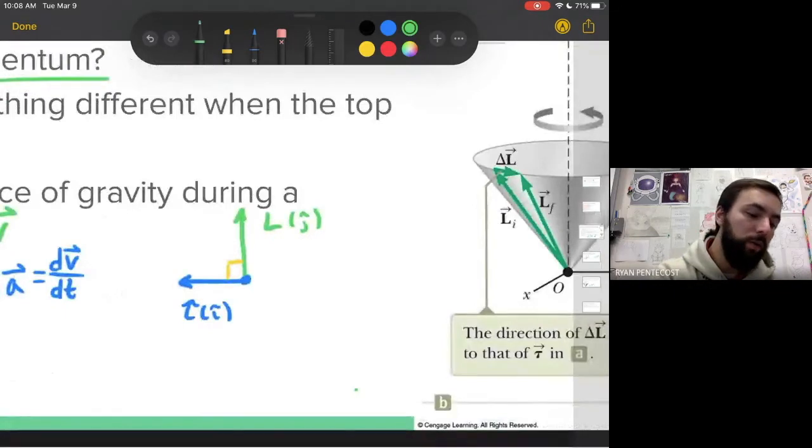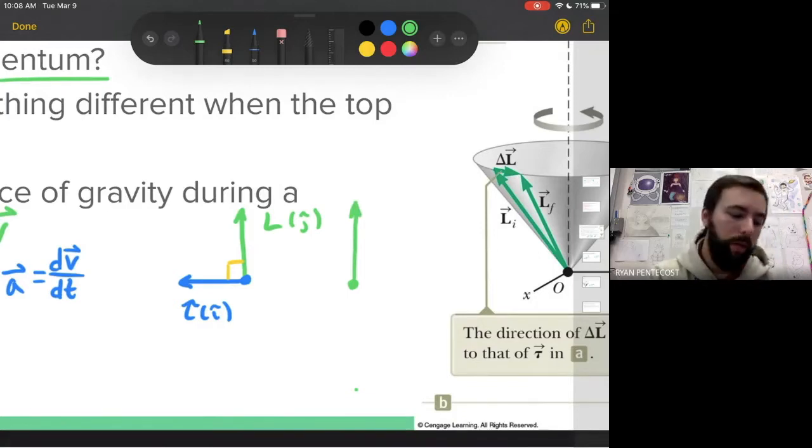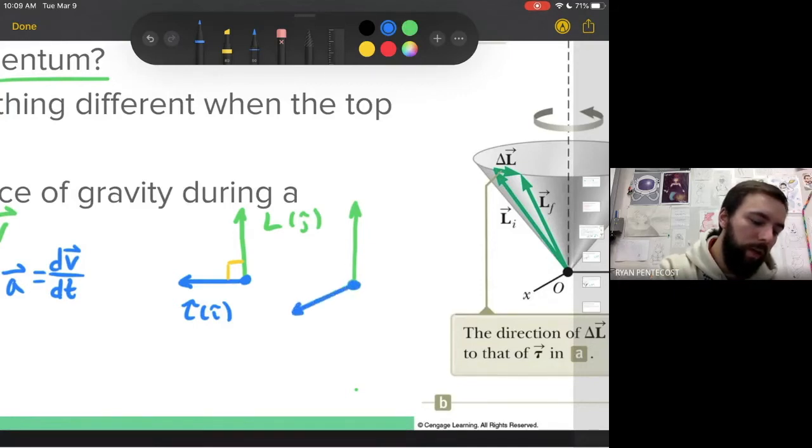Now, for it to change its magnitude, that is possible. Say you have your same angular momentum in the j direction. However, now we have torque that is ever so slightly in the i direction and in the j direction. It also has a j component because of this angle theta.